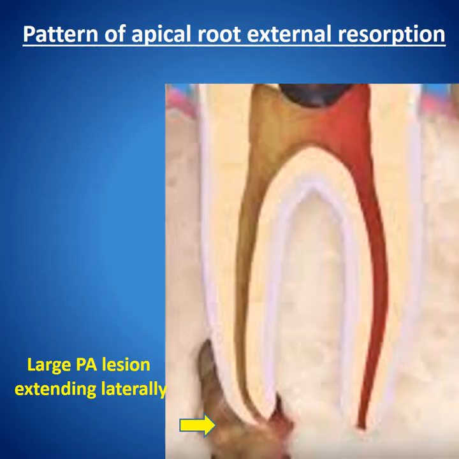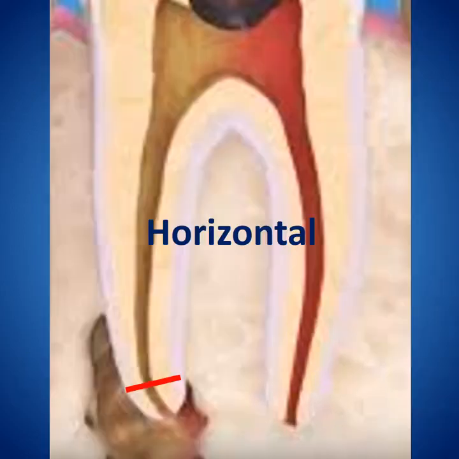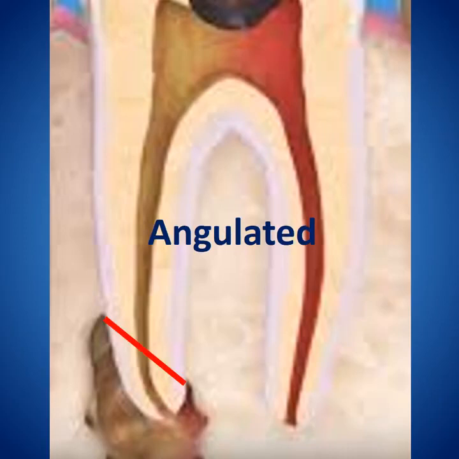The periapical lesion always may produce root external resorption in the apex, maybe horizontal, angulated. Whenever root resorption happens, that means that the apical constriction position will be changed in position and in size.